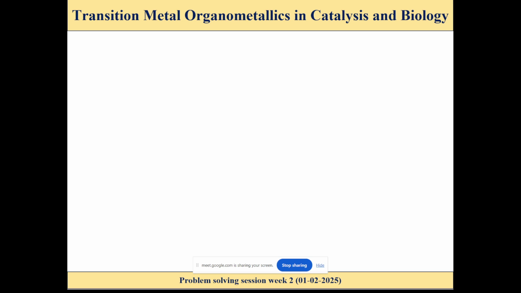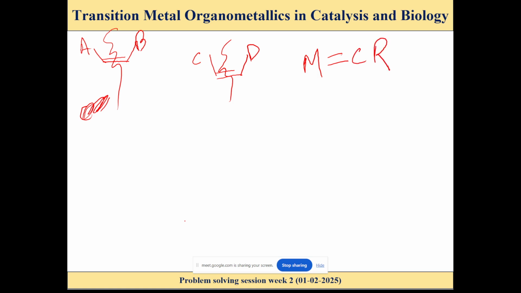Let's say you have two alkenes, that is A, B and C, D. Now let's break this to form metal double bond CHR, a metal carbene, CHR. Now this is the metal carbene intermediate.